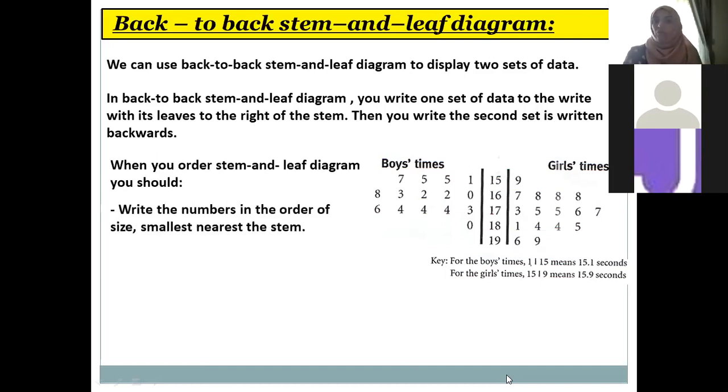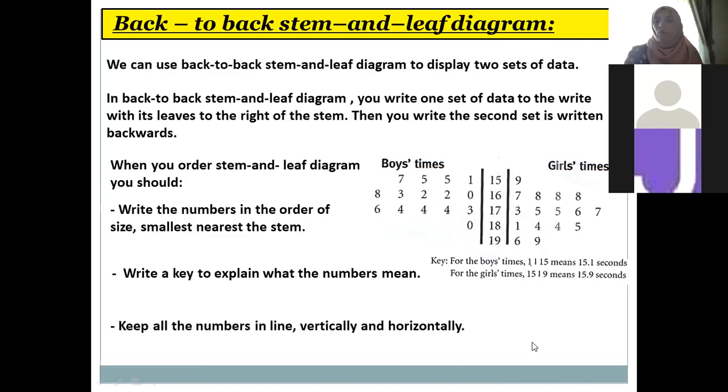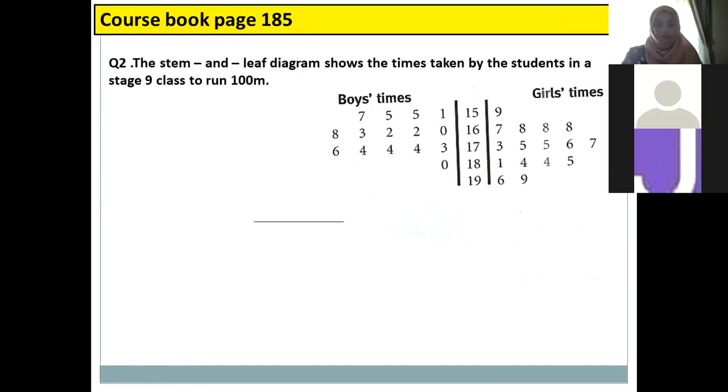First of all, we write the numbers in order of size, from smallest to greatest. This is very important. We write the key to explain these numbers. Look at the key, it's written. It shows what we mean by the numbers on the right, and how we can read the numbers on the left. Keep all the numbers in lines vertically and horizontally. This is very important. This is an example of a stem and leaf diagram.